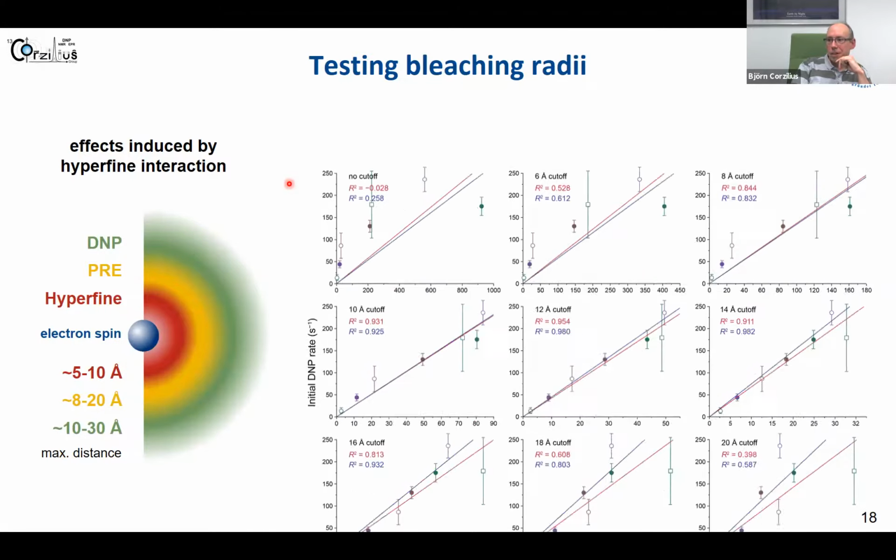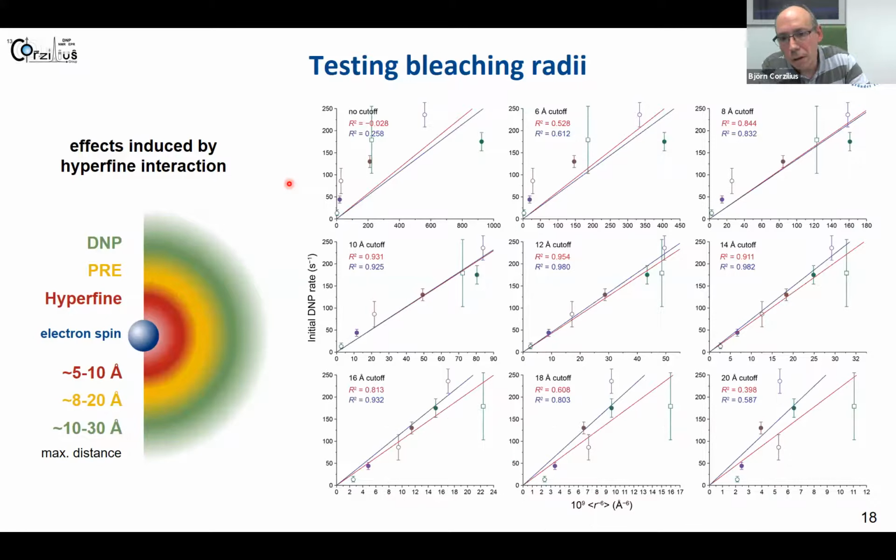We introduced a cutoff distance where we did not include these pairs in our statistics. When we tested different cutoff distances against each other, we found that a 12 angstrom cutoff causes a much better correlation, actually the best correlation in our case.